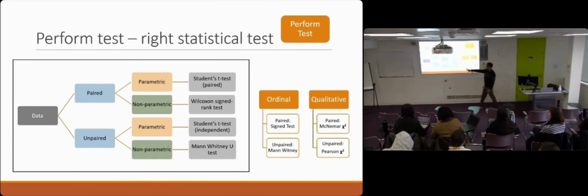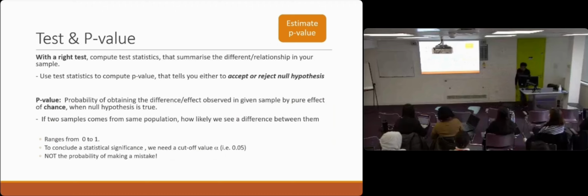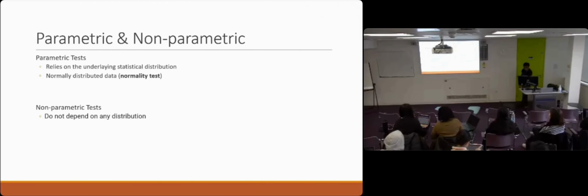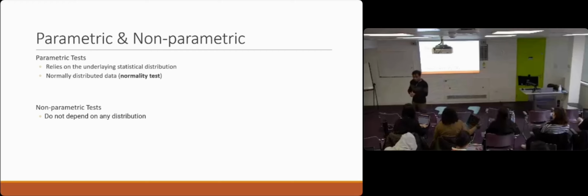When you have data, you decide whether it is a paired study or unpaired study. That's the first thing. Second thing, you want to choose whether to perform a parametric test or non-parametric test, right? Parametric and non-parametric come with a bit of assumptions. Parametric tests rely on some underlying distributions, right?